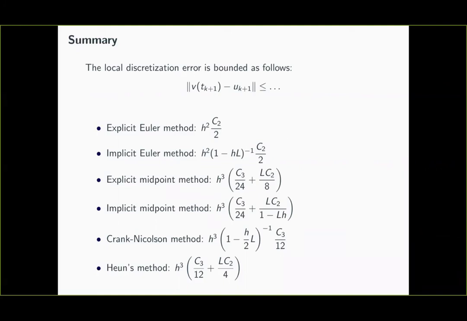In particular, they will converge faster to 0 than the explicit or the implicit Euler method. That corroborates our observation that these 4 numerical methods deliver better results than the explicit and implicit Euler method for the same step size.